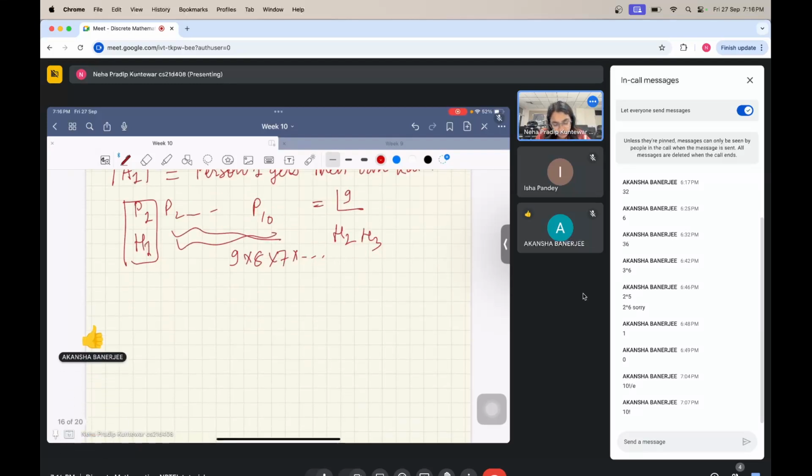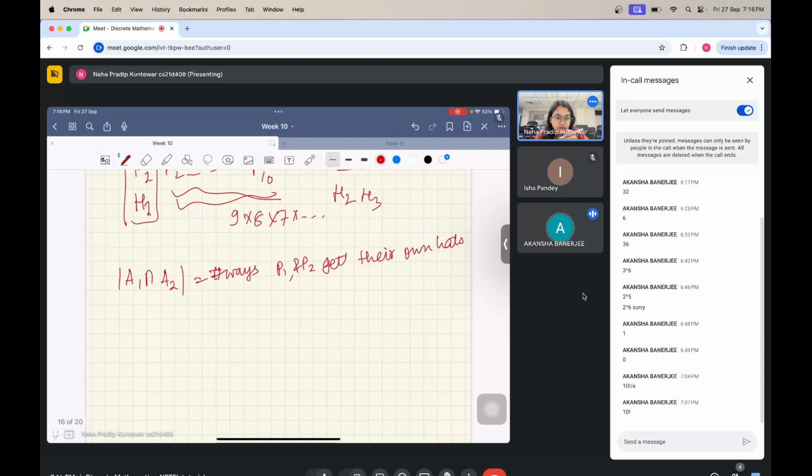Okay, good. So similarly, what can you say about A1 intersection A2? This is the number of ways P1 and P2 get their own hat. Eight factorial ways. Exactly. Good.